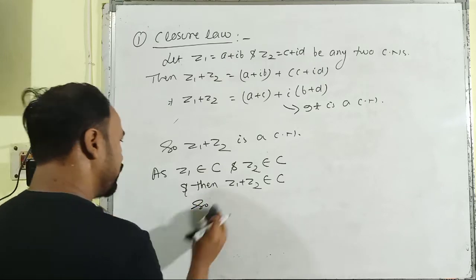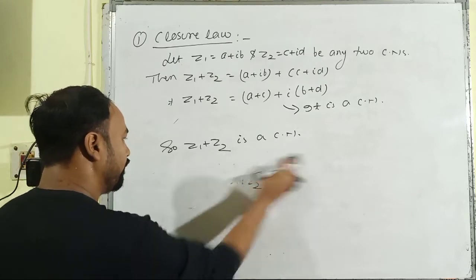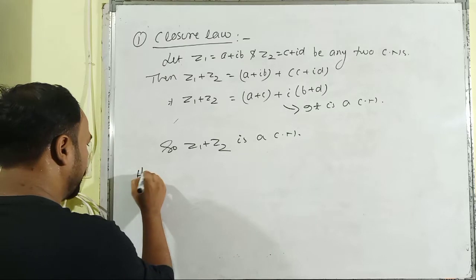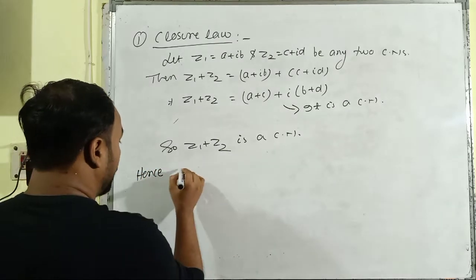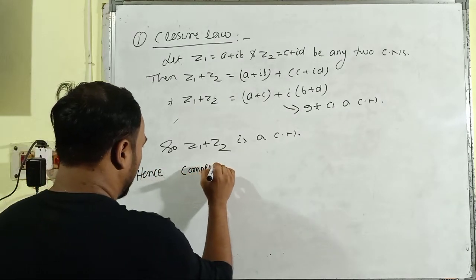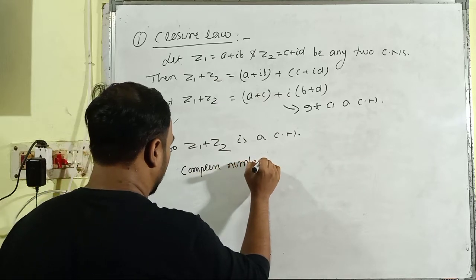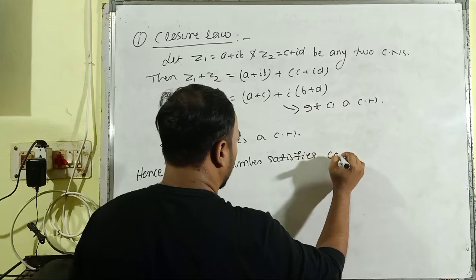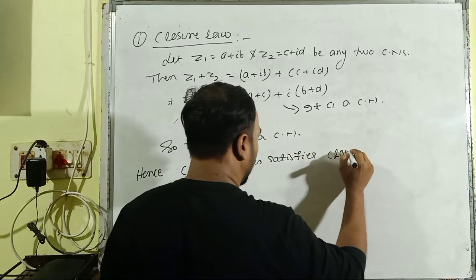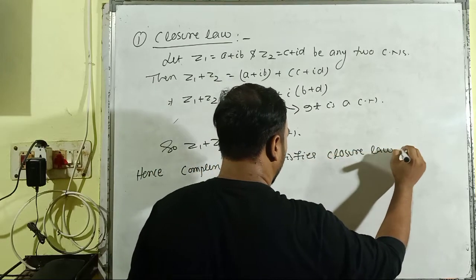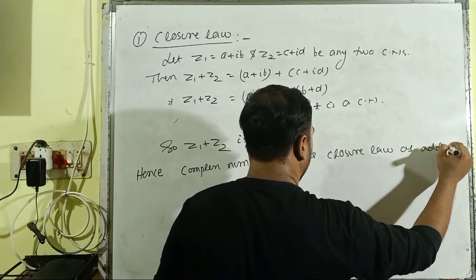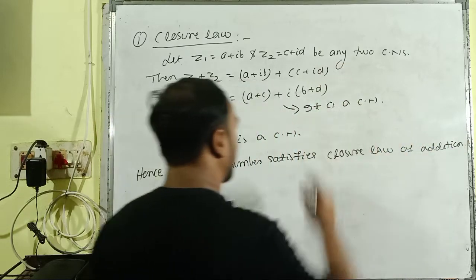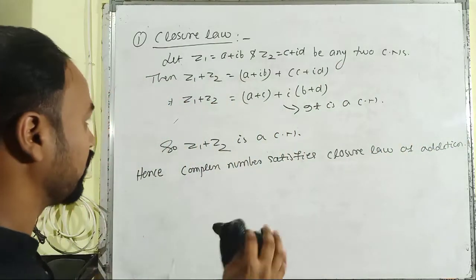So we can write, hence complex numbers satisfy the closure law of addition. So the first property is proved here.